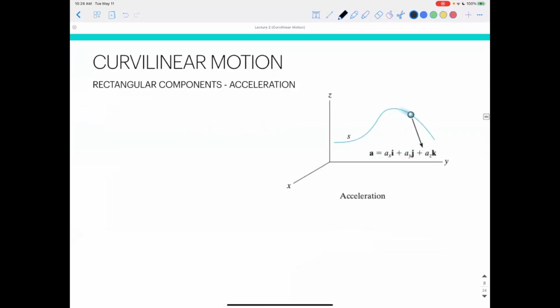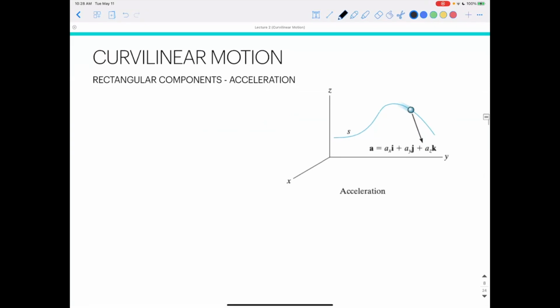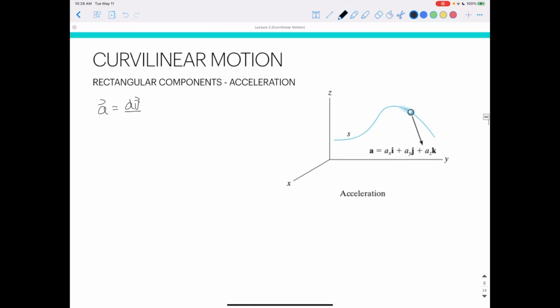Lastly, acceleration. And this is where sometimes it could get a bit confusing. But acceleration, if we just follow the same steps, can break down and it doesn't become too difficult. So we said acceleration is equal to that time derivative dv dt, which is equal to d squared r dt squared.